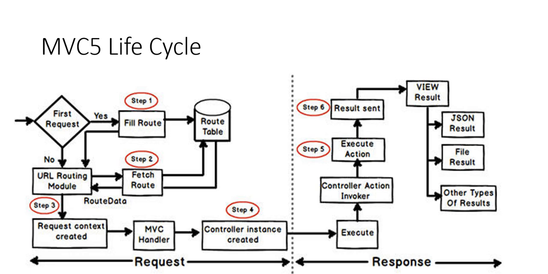The result might be a view, a partial view. This is step number 6. The result might be a file, a JSON result, a redirect to another action, or null.